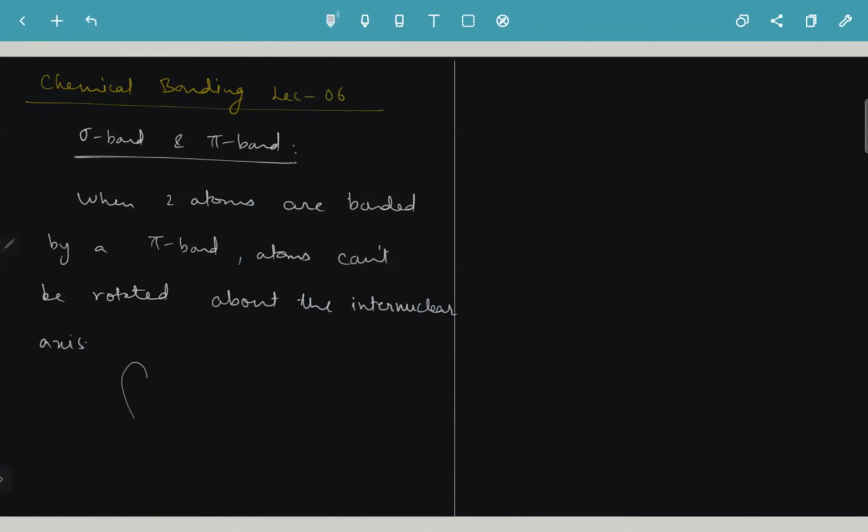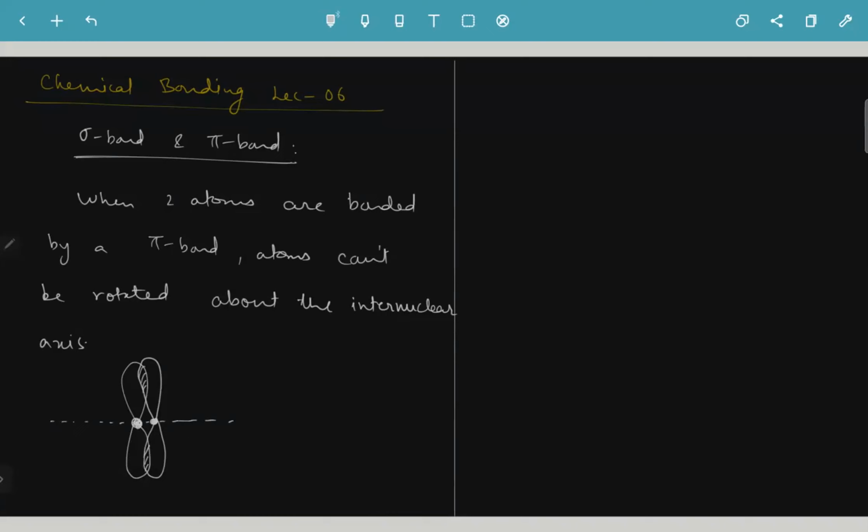Example, when atoms are bonded by a pi bond, it is formed due to lateral overlap. So this is the internuclear axis.